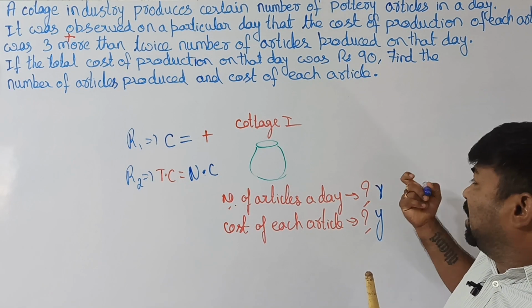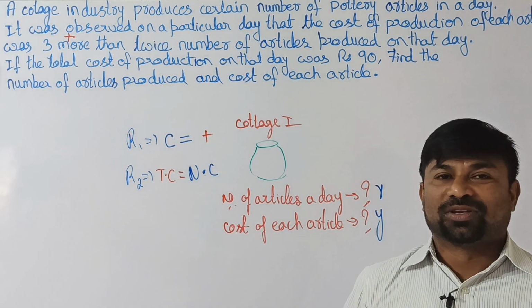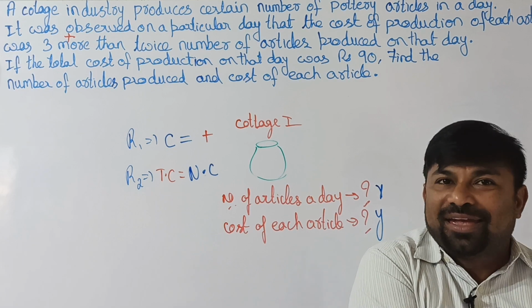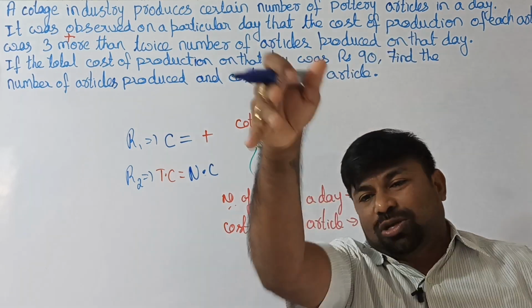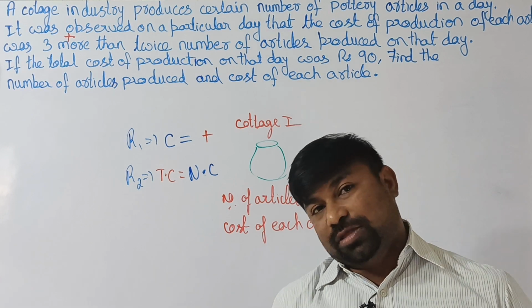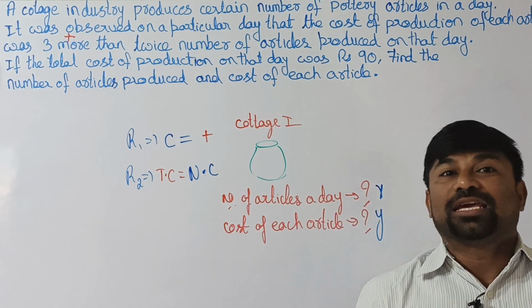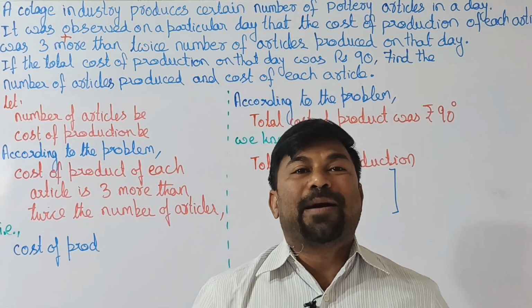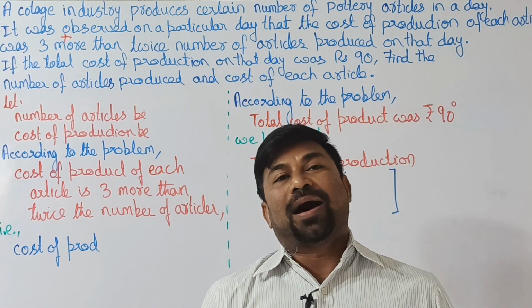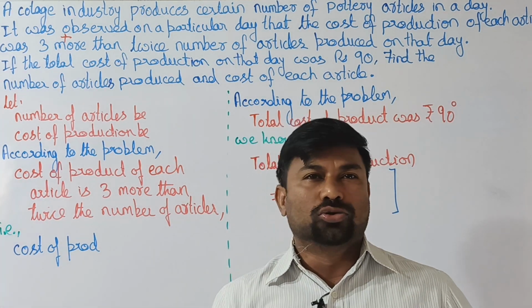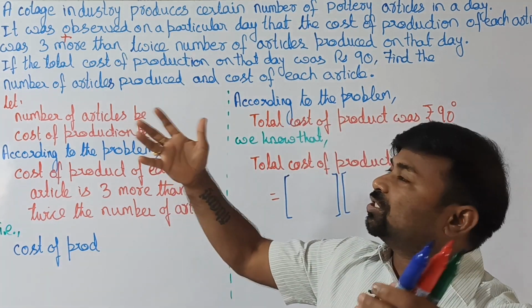Then y should be written in terms of x, so in the place of y we write an expression in terms of x. Then everything will be in terms of x, and we can make it a quadratic equation and solve it. How to do that? Let's get back to the explanation part after the introduction part. So what I have introduced is a cottage industry.